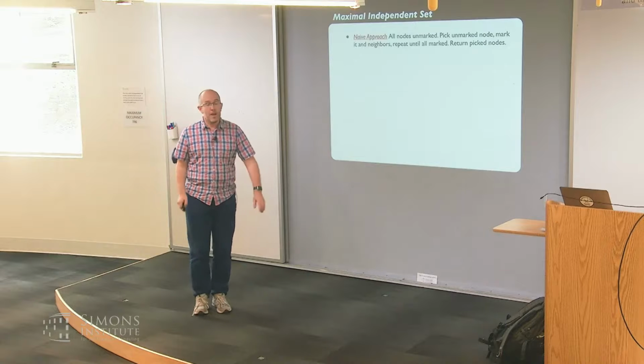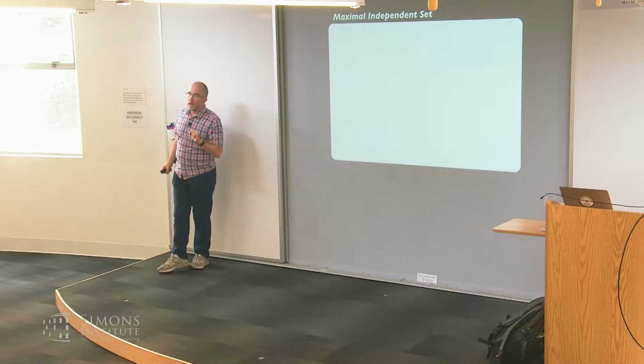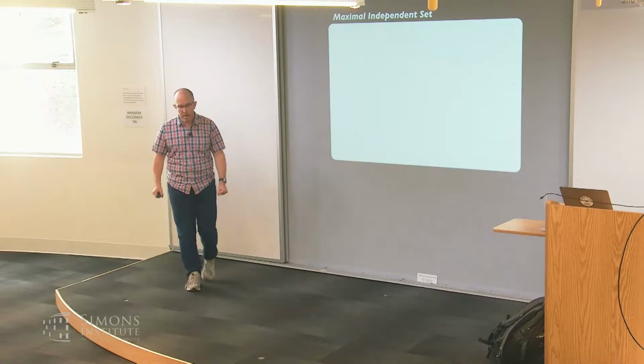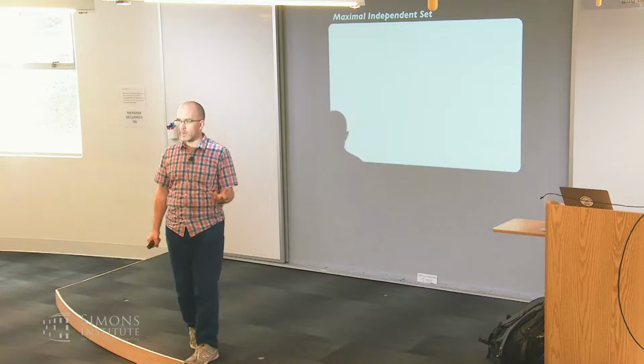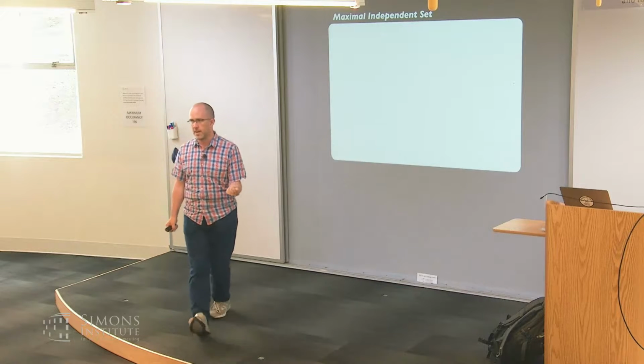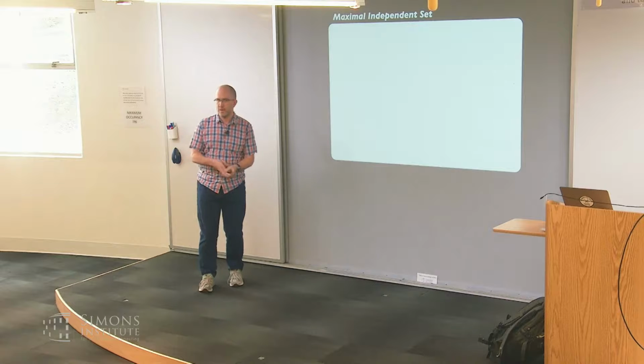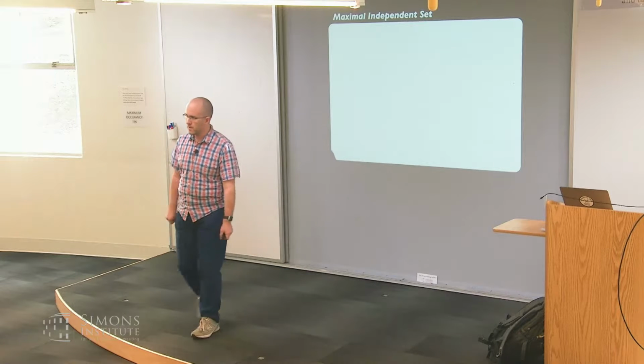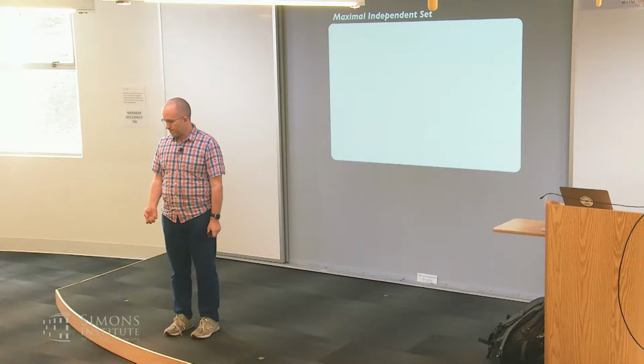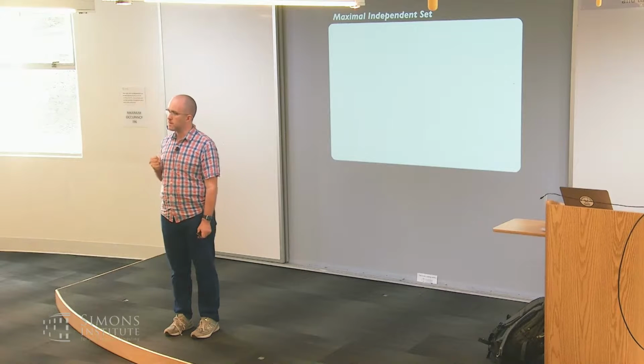Okay. So forget about streaming for a second. What's the simplest possible algorithm you can think of for computing a maximal independent set? It's probably: pick an arbitrary node, add it to your independent set, remove it and all its neighbors, and then repeat.